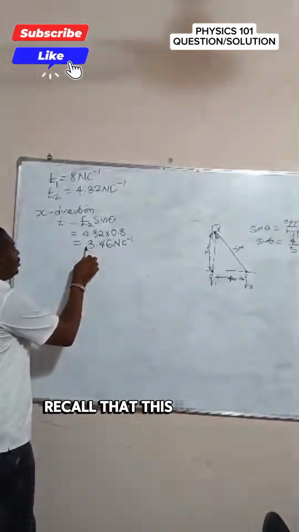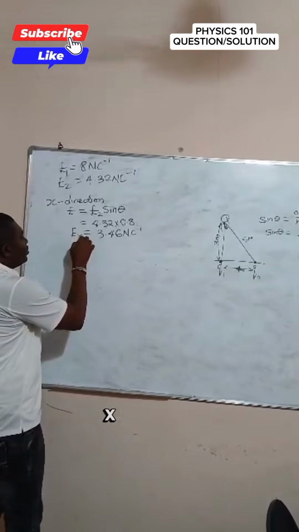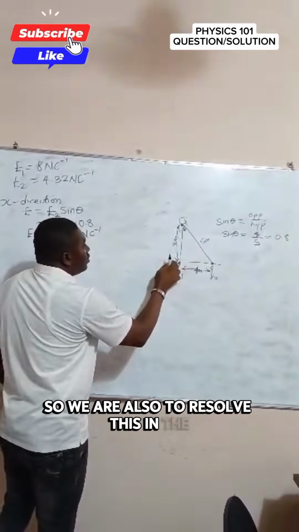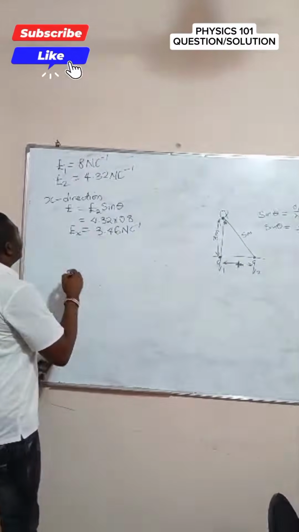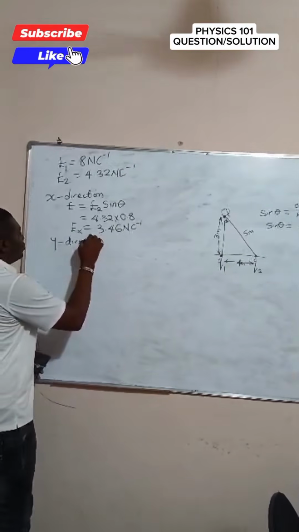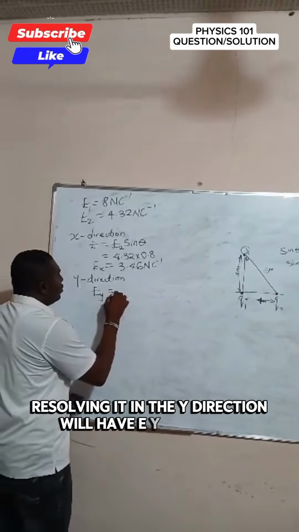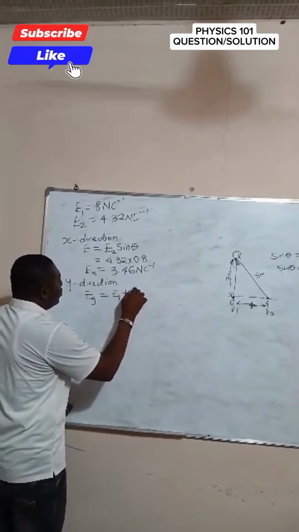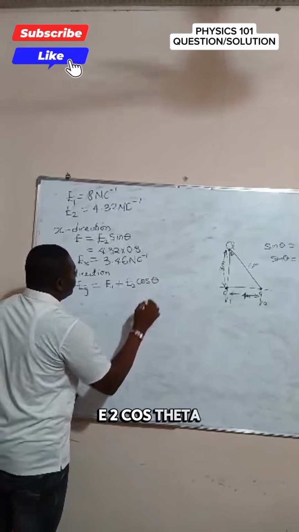Recall that this E that we have gotten, we have resolved it in the X direction. So we are also to resolve this in the Y direction. Resolving it in the Y direction, we have EY equals E1 plus E2 cos theta.